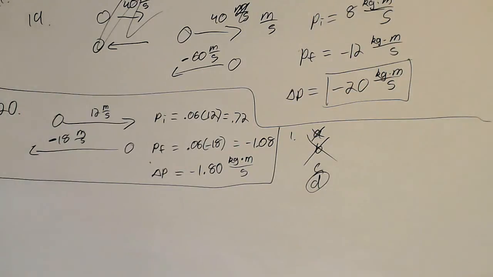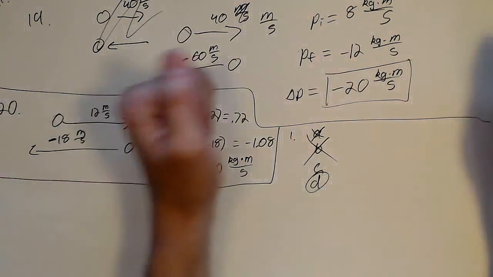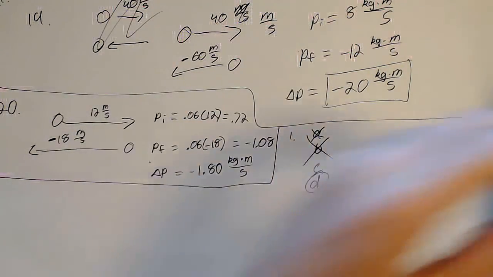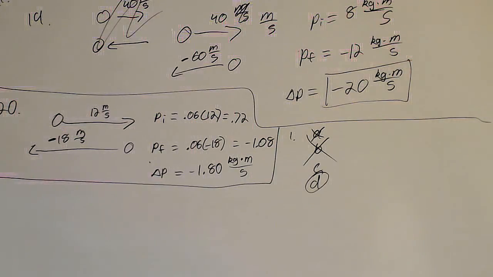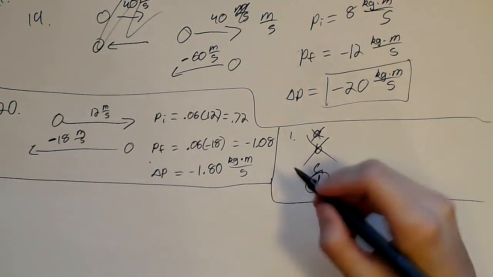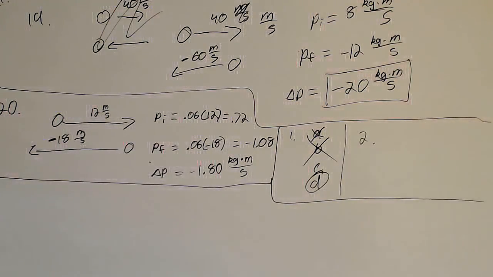So it is an inelastic collision because the bug did not bounce. Think of elastic collisions as bouncy. The bug did not bounce. It just went stick. Good way to think of it. Elastic, bouncy; inelastic, sticky.